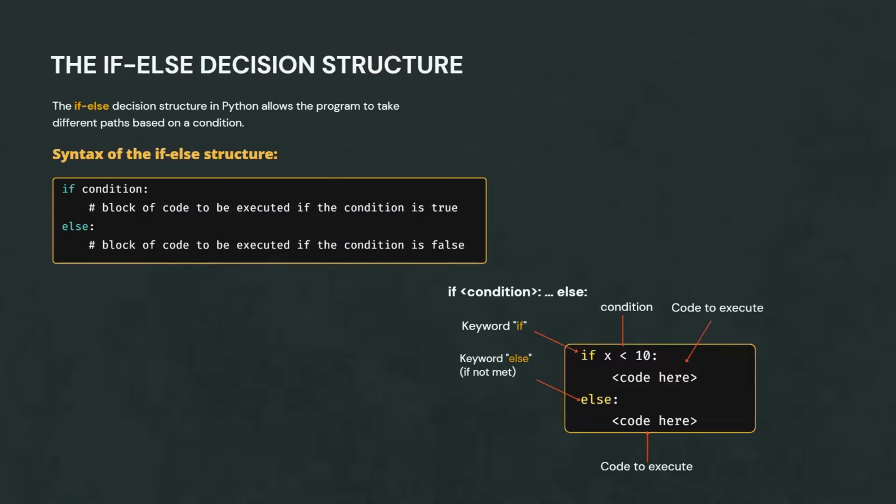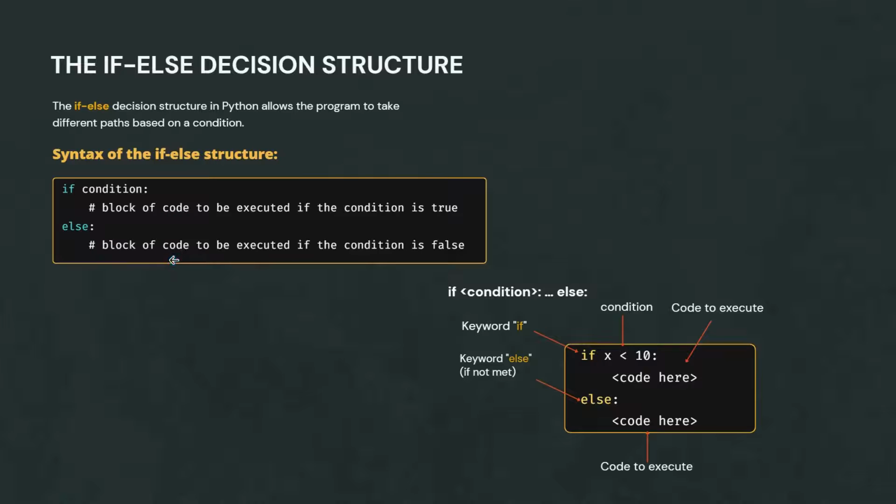So let's start with if else decision structure. Think of it like this: you are giving your program a condition to check, and based on whether that condition is true or false, the program decides which block of code to run. For example, if it is raining, then you'll carry an umbrella, else you won't.